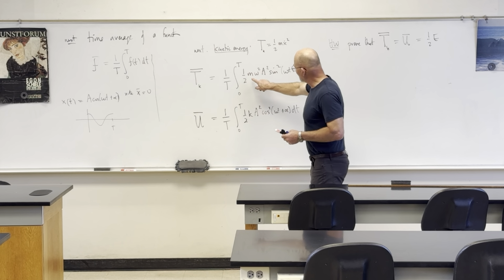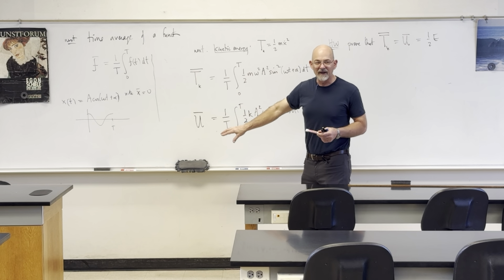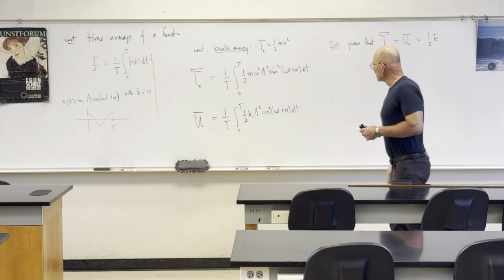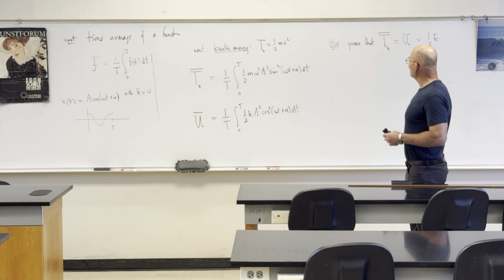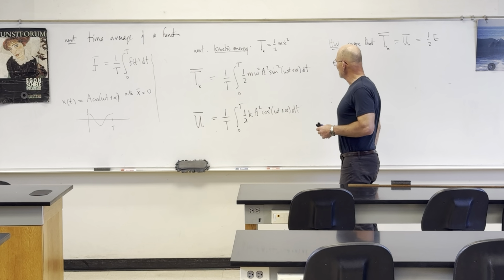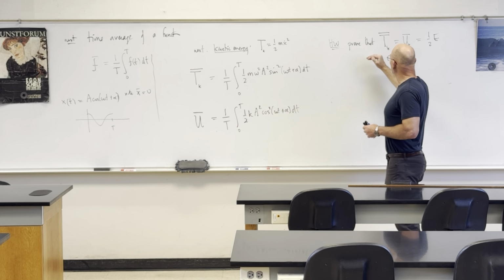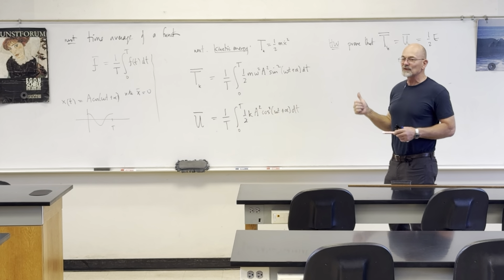Remember, your k is equal to m omega squared, so you can equate those right away. I'll have you guys prove it. Like I said, trivial for alpha equals 0 and no problem otherwise.